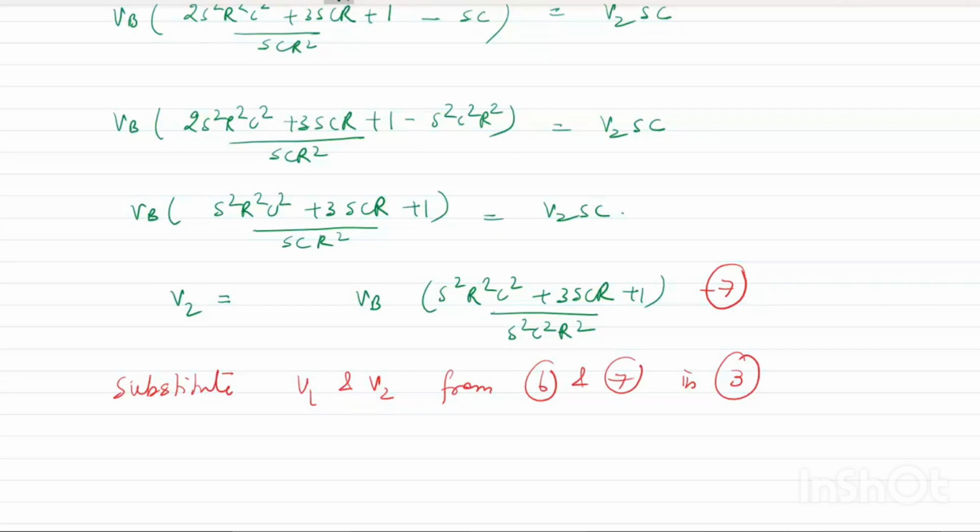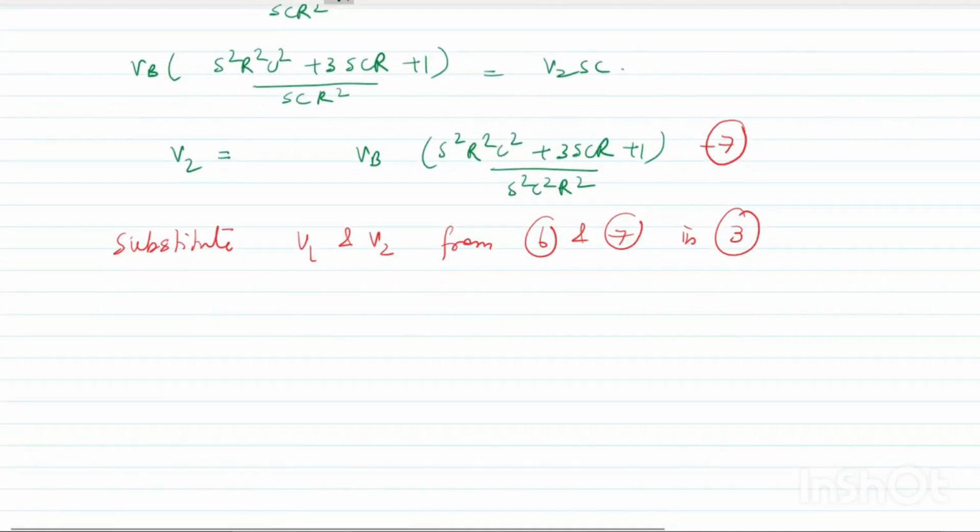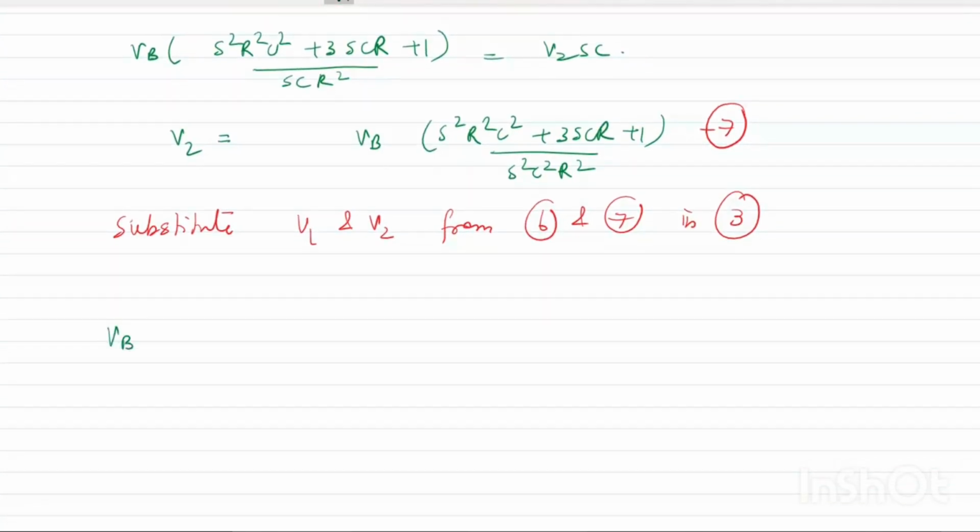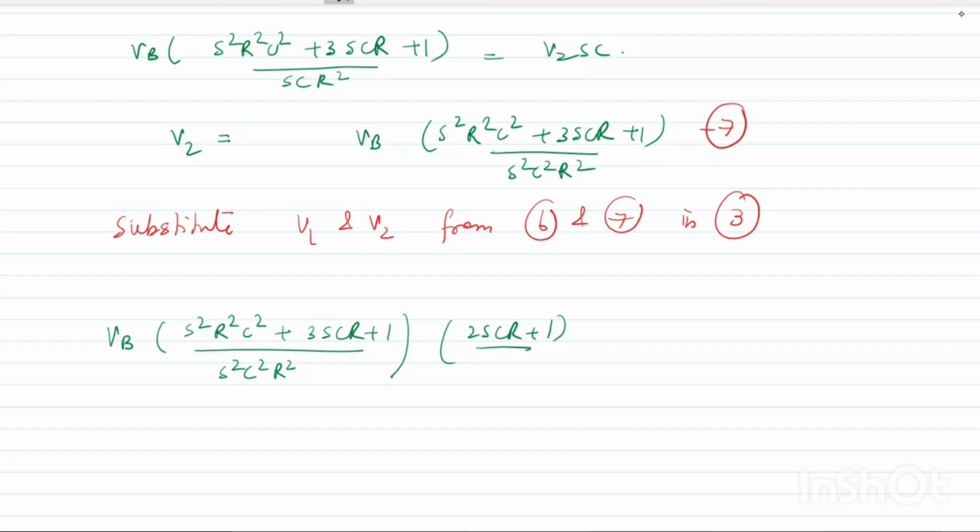So equation number 3 you have: in place of V2 we will put VB (S²R²C² plus 3SCR plus 1), and along with it already there is extra 2SCR plus 1 upon R equals V naught SC, and in place of V1 also we have to put the value of V1.